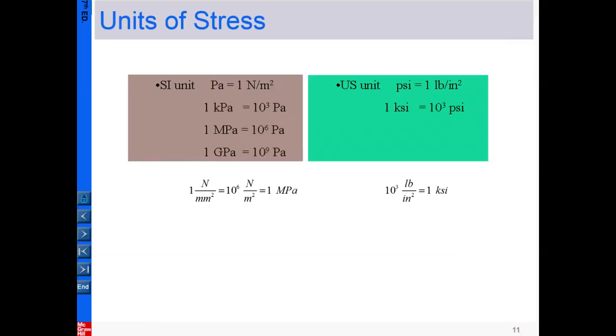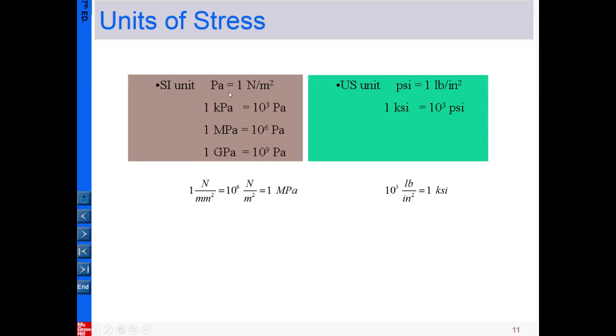And here we talk about the unit of stress, and there are two kinds of units. You can use the SI unit, which means force in Newton and area in meter square or millimeter square.